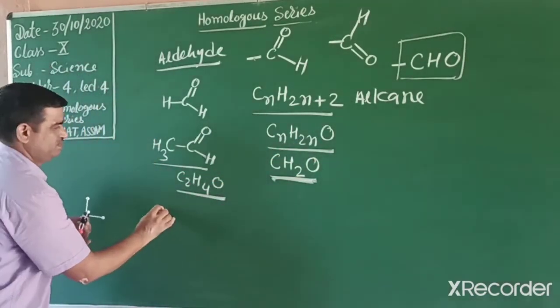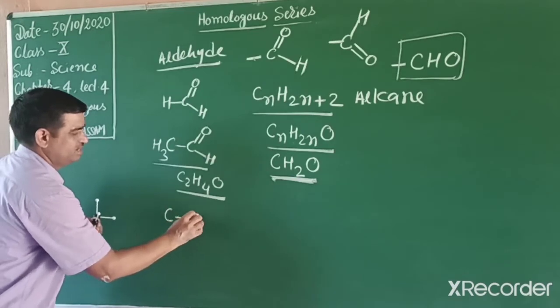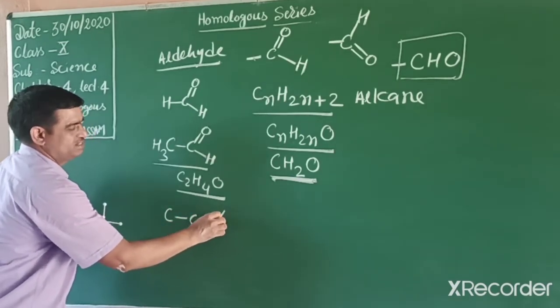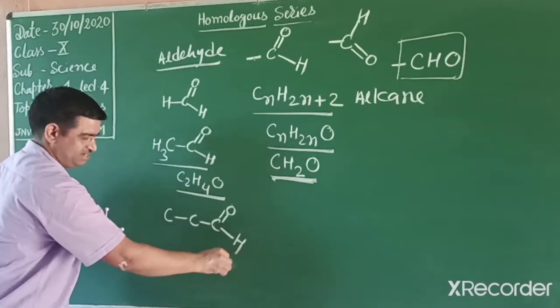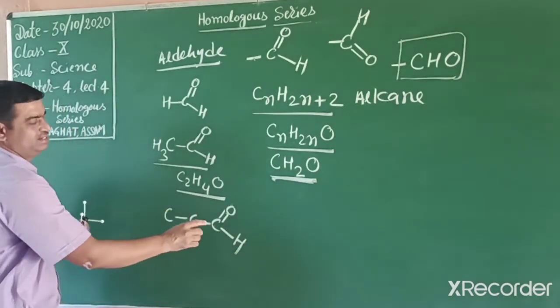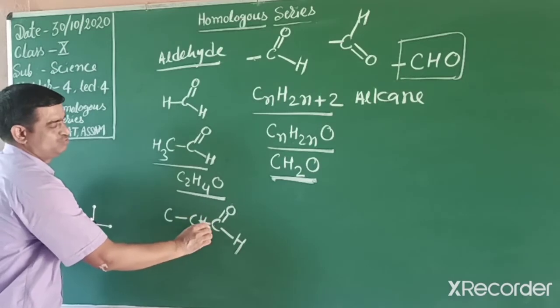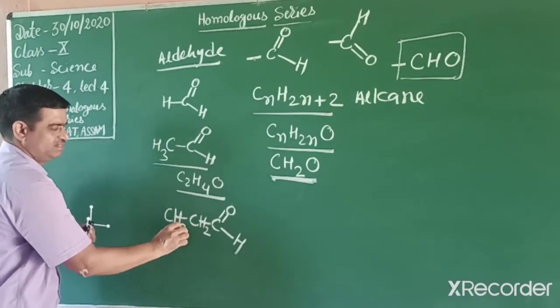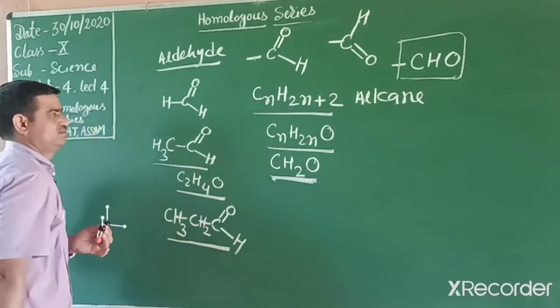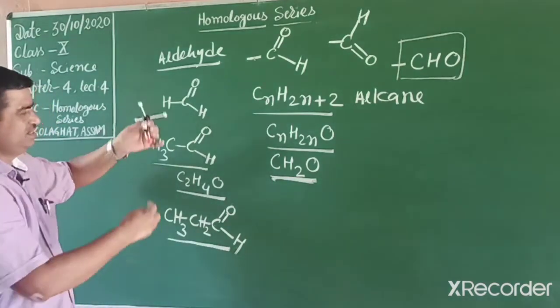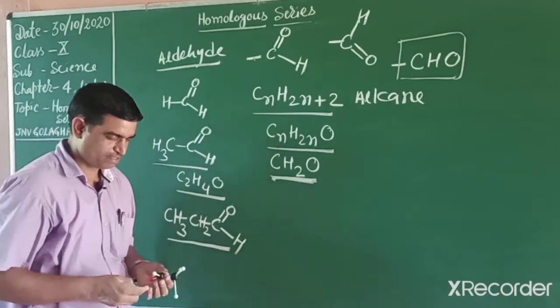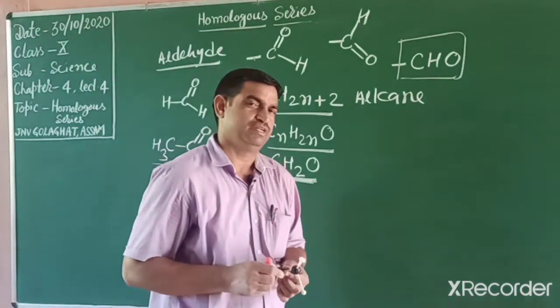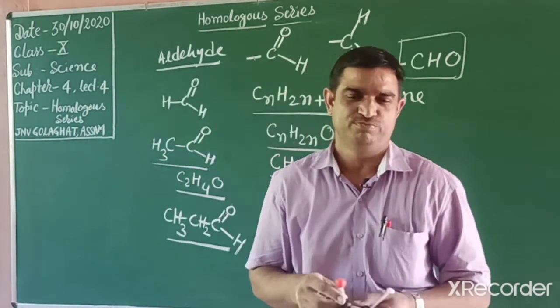Then for the next member, you write 3 carbons, and first write the aldehyde group with a double bond to oxygen and 1 H. Then find their valency: 2 hydrogen, 3 hydrogen. This way we can say first member, next member and other ones. This is aldehyde as a functional group.